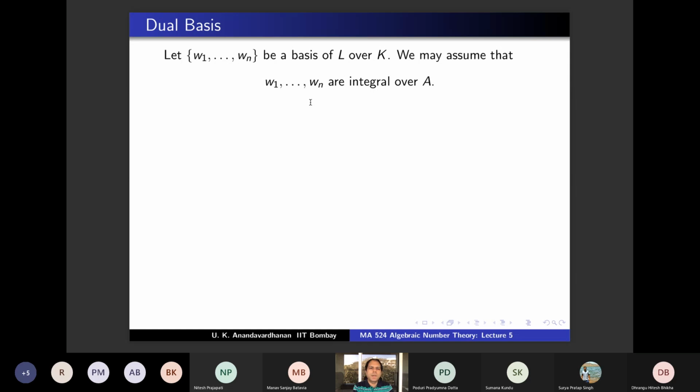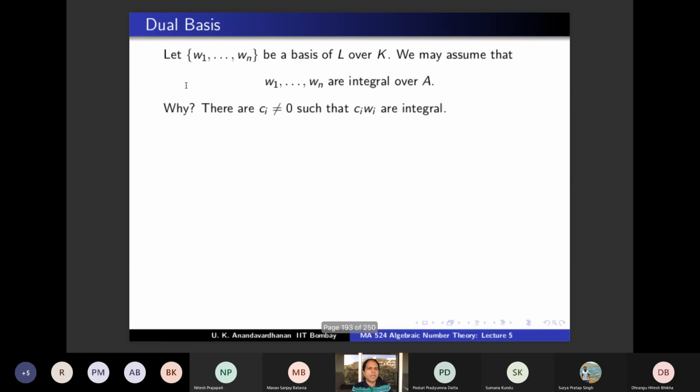So for each of these wi's, you can get a non-zero Ci such that Ci wi is integral. But then you can take the product of all these Ci's, call it C, and multiply by that C. So Cw1 is integral, Cw2 is integral, Cwn is integral. If w1 to wn is a basis, then Cw1 to Cwn is also a basis. So you can assume that all the elements of the basis are actually integral over A.